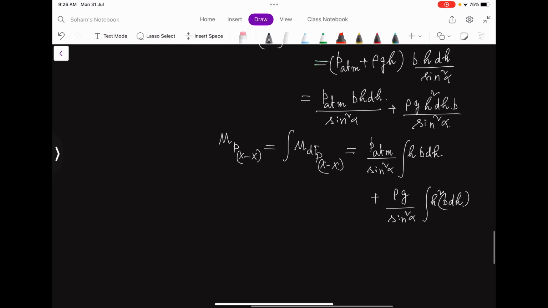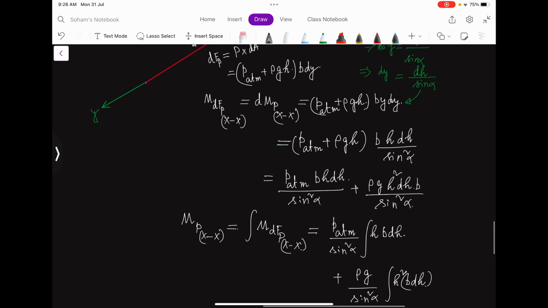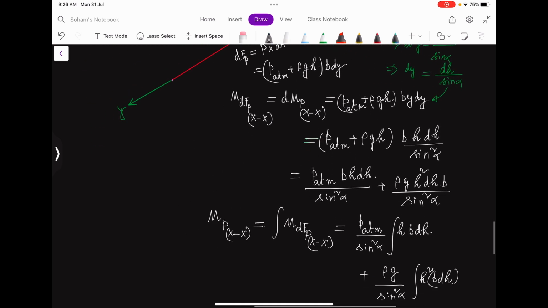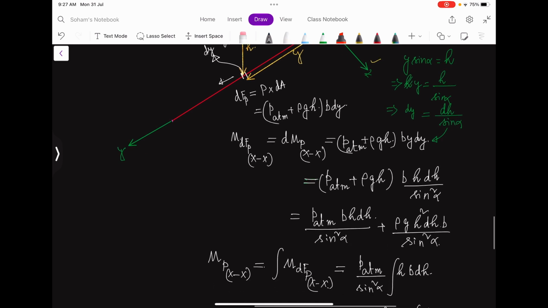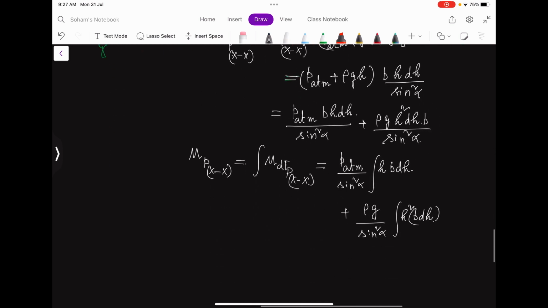Clear? Now what is this b dh? So dh means dy sine alpha. Let me replace that.